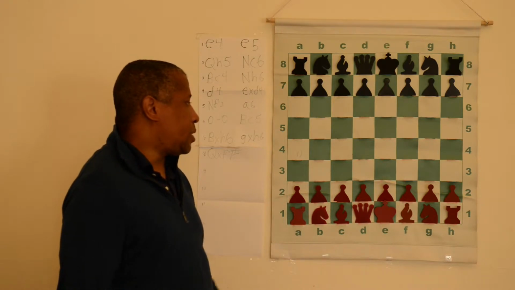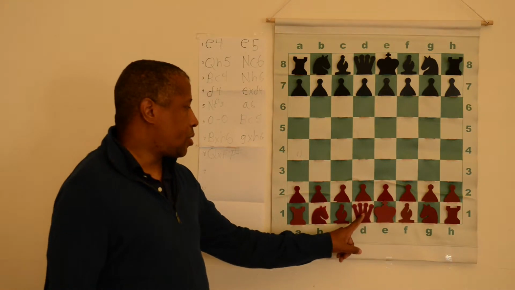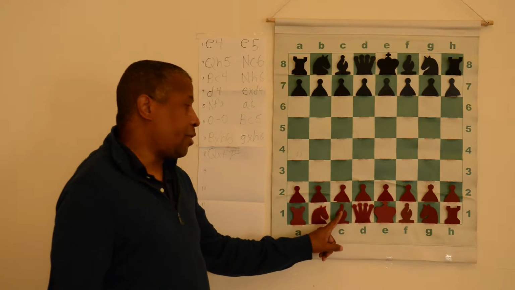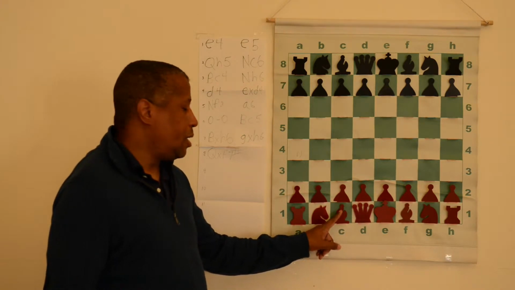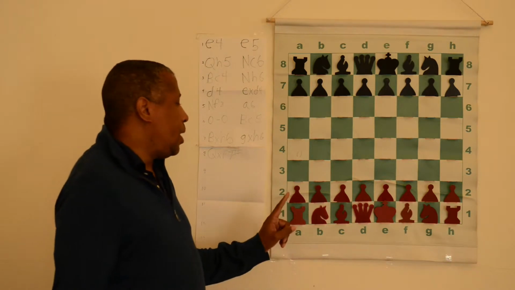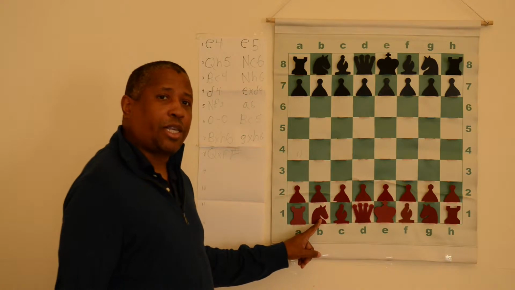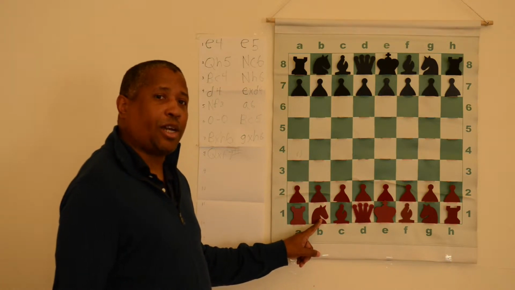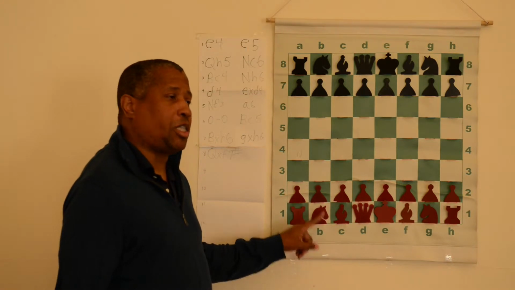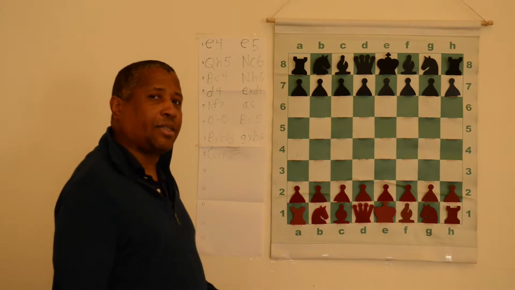What's the same is the code letter for the king is the letter K. The code letter for the queen is the letter Q. The code letter for the bishop is the letter B. The code letter for the rook is the letter R. The code letter for the knight, even though knight is spelled K-N-I-G-H-T, for algebraic notation we use the N. But for descriptive notation you'll see K-N for the knight.